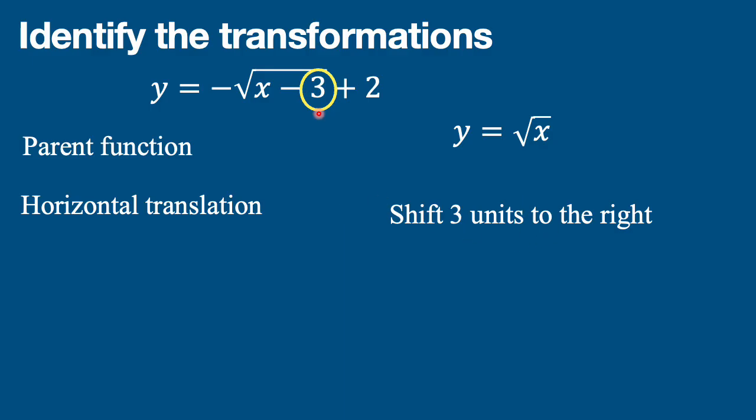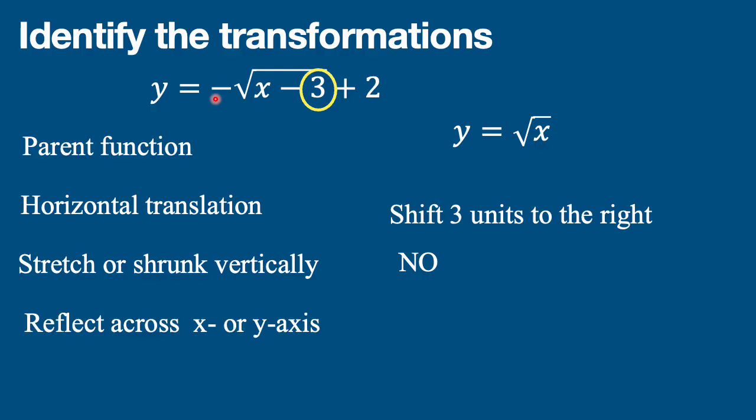That's done. Second is stretching and shrinking. Can you see a number in front of the square root? No, you only see the sign. So there is no vertical shrink or stretch. Third one is reflection across the x and y axis. Did they change the x sign? No. They changed outside the square root. That's gonna be reflection over the x-axis.